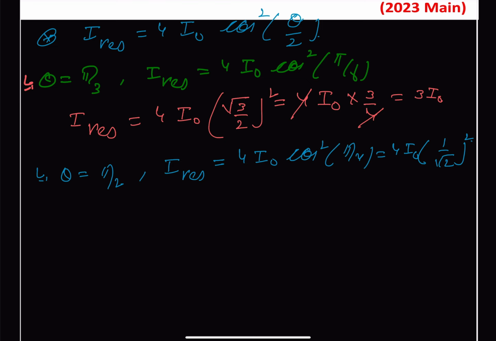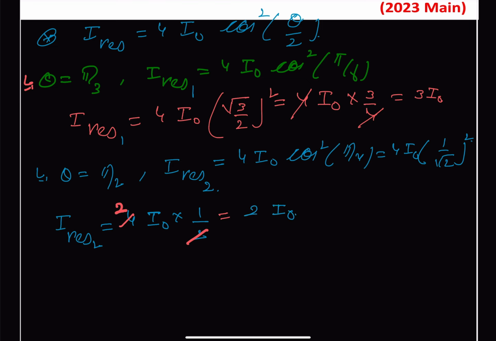Let us call this one as 1 and this one as 2. So I resultant 2 will be equal to 4 times I naught, and this is 1 upon 2. 2 goes into 4, which gives us 2 times I naught.